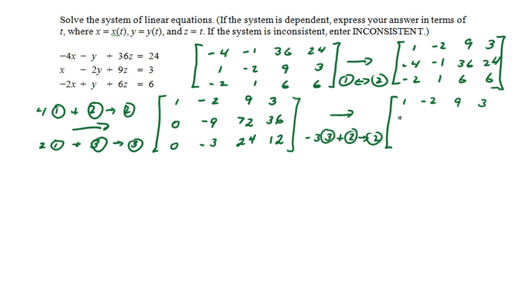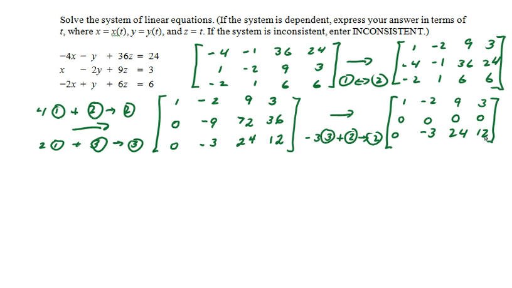We'd have 0, 0, and negative 3 times 24 is negative 72, so we get a 0. And negative 3 times 12 is negative 36, so we get another 0. And then we have 0, negative 3, 24, 12.